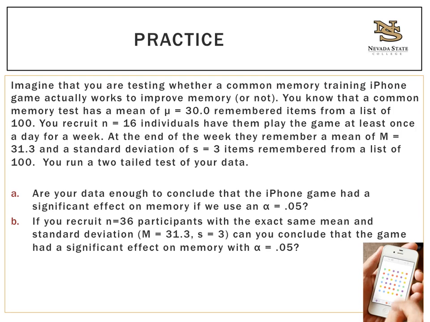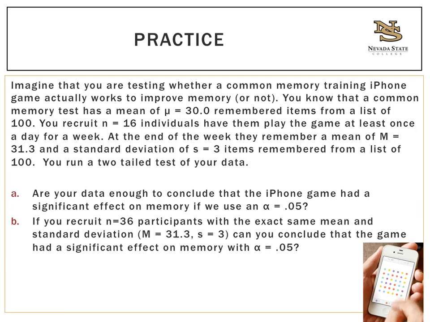At the end of the week, they remember a mean of 31.3 items with a standard deviation of 3. So this is the items they remembered from a list of 100. So the mean differences are real. There are two different means. We have a population mean of 30 and a sample mean of 31.3. So is that difference of 1.3 items remembered off of a list evidence of improvement of memory on this game?